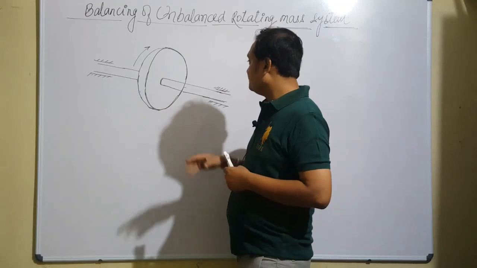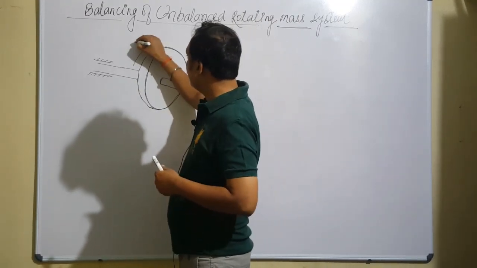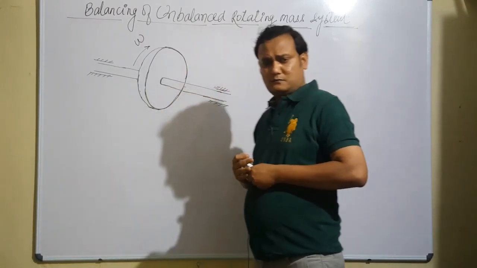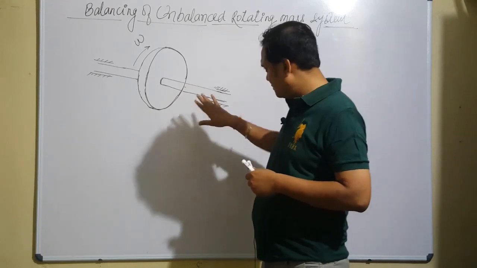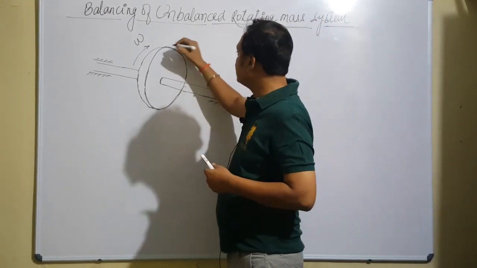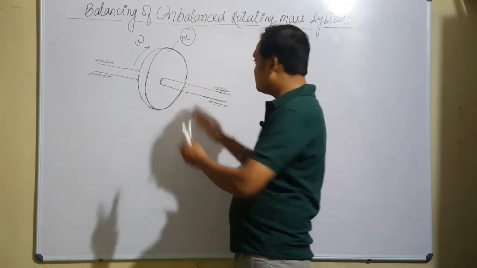Now just imagine the shaft is rotating with angular velocity omega. The mass of the shaft you can neglect for the discussion, and the disc has mass. The entire inertia is placed in the disc.